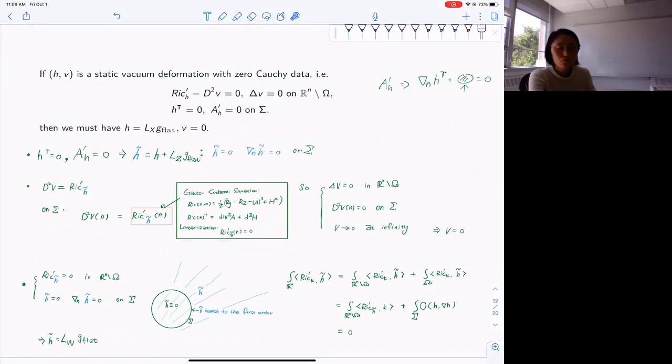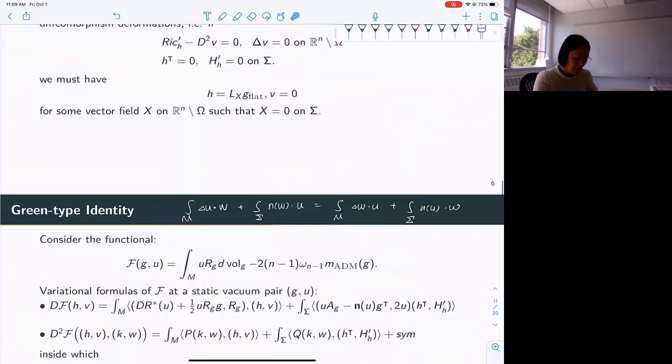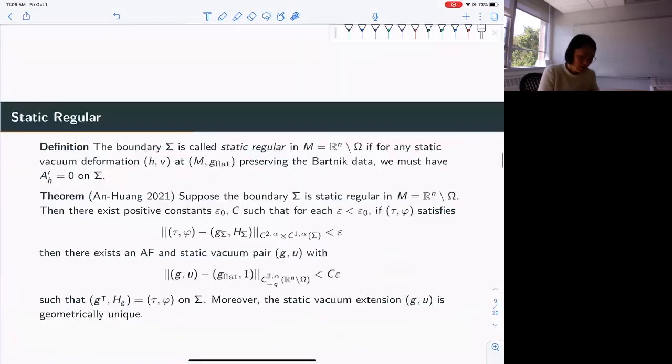And this is the crucial observation for us to define the concept of static regular. It's static regular if any static vacuum deformation with 0 Bartnik data must also have 0 Cauchy data. That's the crucial reason for this definition.